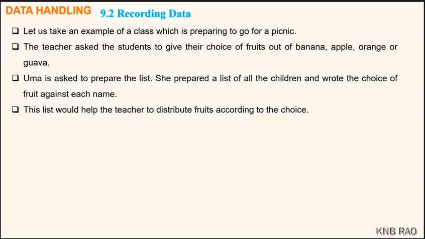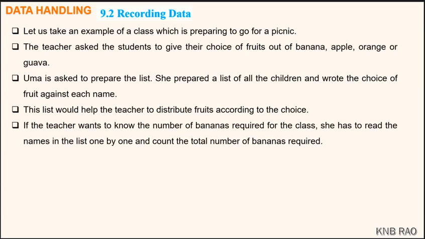Children, this list would help the teacher to distribute fruits according to their choice. But if the teacher wants to know the number of bananas required for the class, she has to read the names of each student, or the entire list, one by one and count the total number of bananas required. Don't you think it is a tedious job?